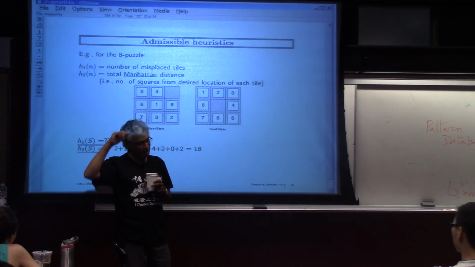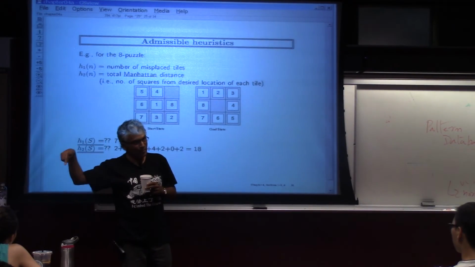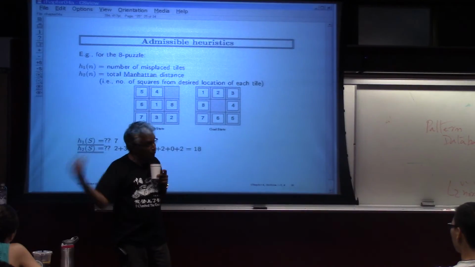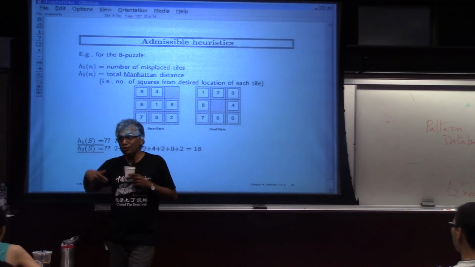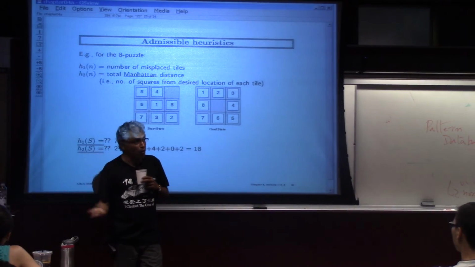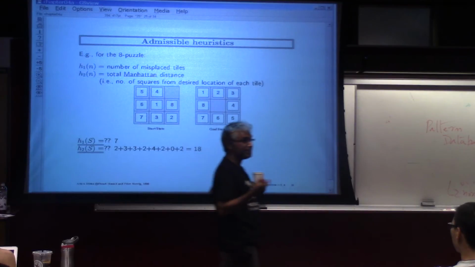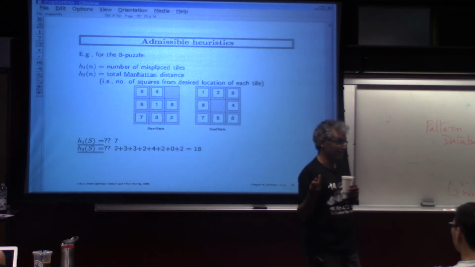Admit to yourself, realize to yourself that the problem I'm talking about is cheaper than the full problem, because I'm only getting part of the solution, not the full solution. But it's also significantly more complex than either the misplaced tile heuristic or the Manhattan distance heuristic.